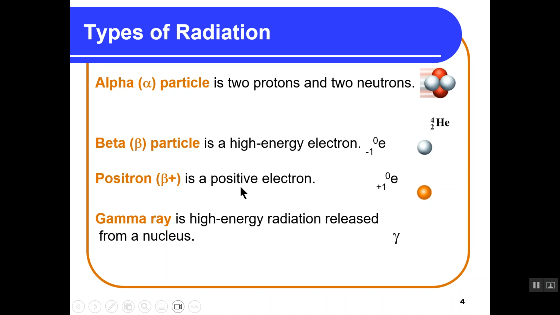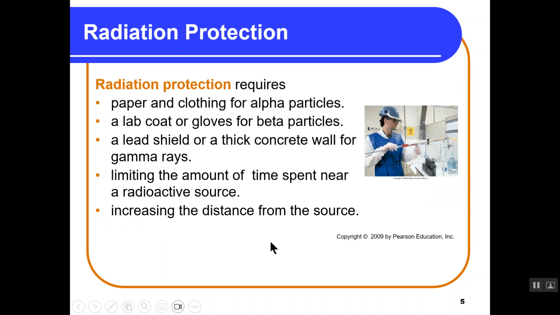It's basically the opposite of an electron because the normal electron is negatively charged. So the positron is positively charged, so therefore the atomic number is +1. And as far as gamma rays are concerned, it's a form of high energy radiation that is released from a nucleus in some instances. So that's basically a summary of the different types of particles that we'll be working with.